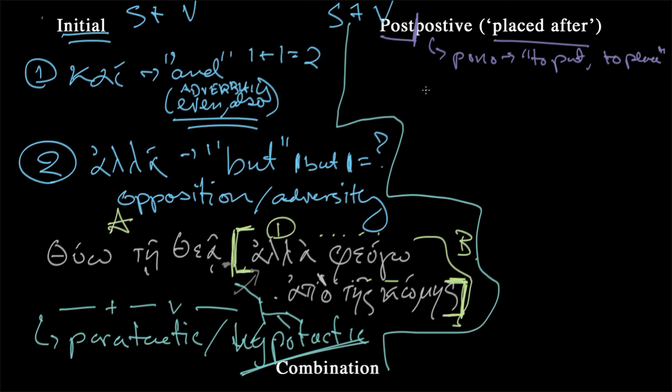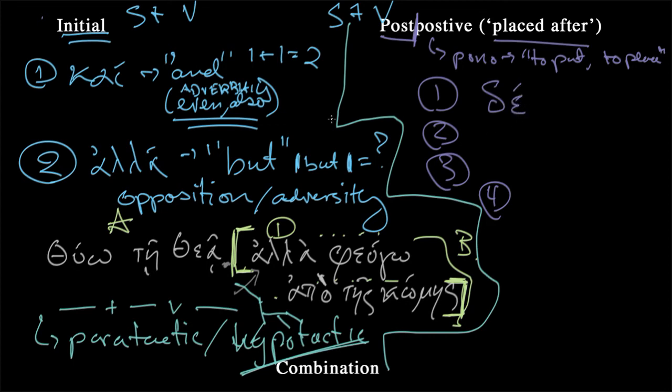Well, let us write out the four postpositive connectors that we're going to be working with and explain how they work. First we have de, and I'm putting acute accents on all these, but in context they'll probably go grave. So we had de, gar, oun. Note that that's not an acute, but a circumflex over a smooth breathing. And finally, we'll get to te, which is enclitic. Note that there's no accent here, so I'm not writing anything.